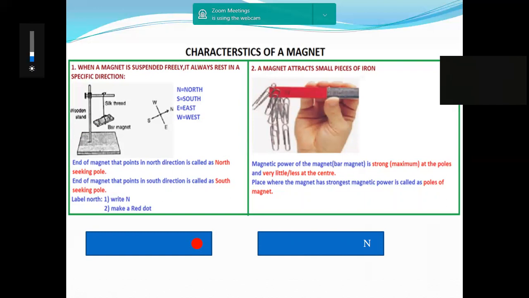There are two ends, as we have already learned, this side and the other side. These two ends are called poles of the magnet. A magnet attracts small pieces of iron, especially at the pole area. At the center, the magnetic power is very little.